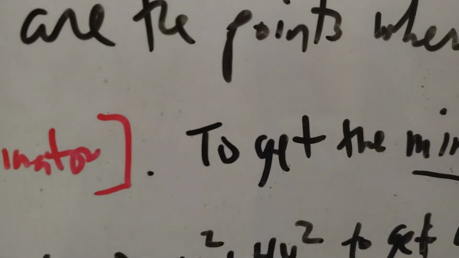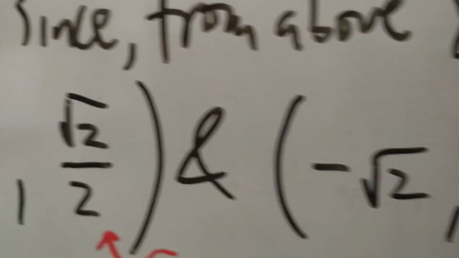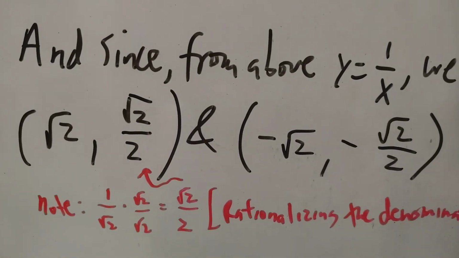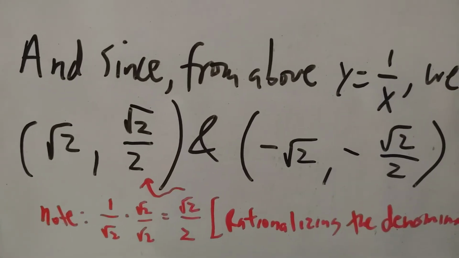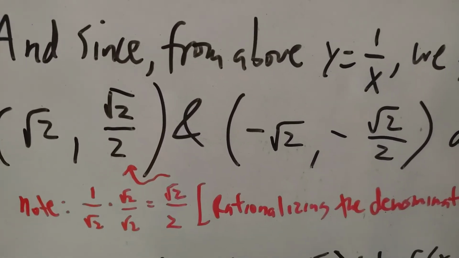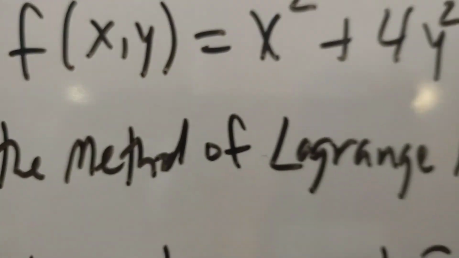So in summary, to get the minimum value, this would be my two answers. Like if the question was, where does the minimum occur? It occurs at these 2 points. And then if they want to know what that minimum value is, we plug in these points one at a time into our original function in the problem.